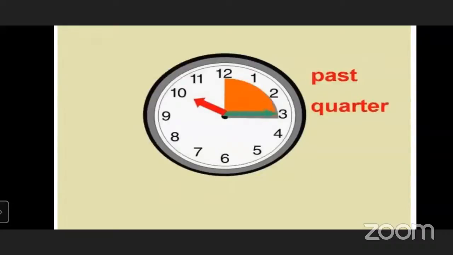Now it is a quarter past time. Remember, from 12 to 6, it is a past time, and from 6 to 12, it is a to time. So always use these words: whenever the minute hand is between 12 and 6, then we have to use past.